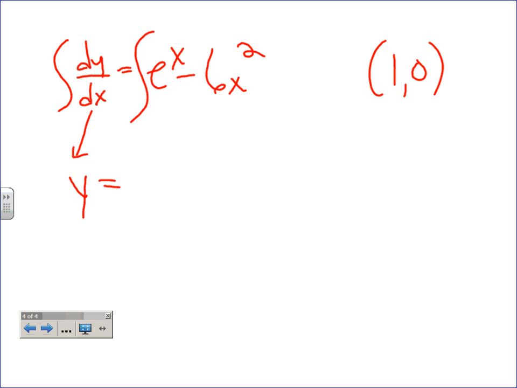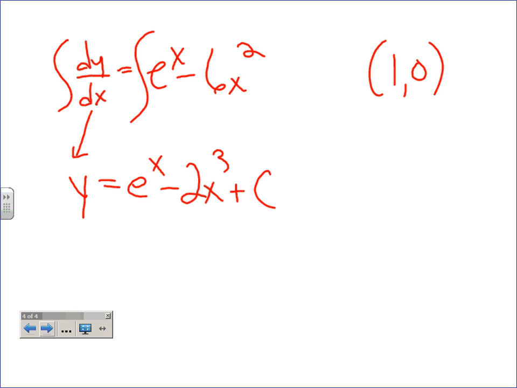But this is minus, so you take the antiderivative, it is e to the x minus, well, basically it's 6x to the third over 3, right? Which does simplify to 2x to the third plus a constant. But now what we have to do, this is asking for just one of the answers. Not all of them, one of them.